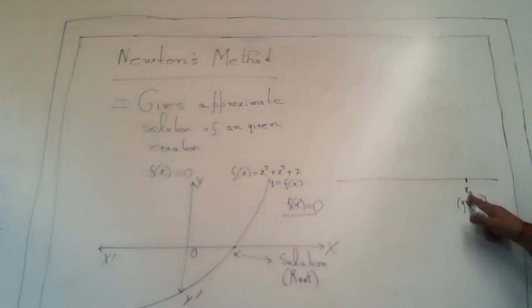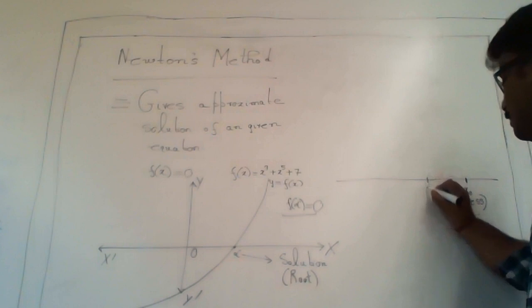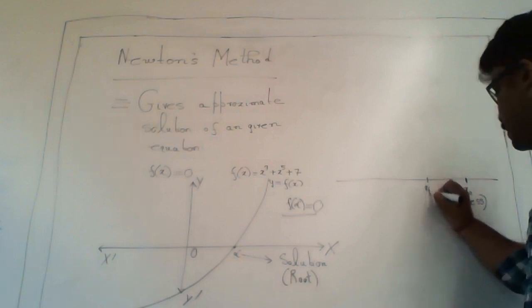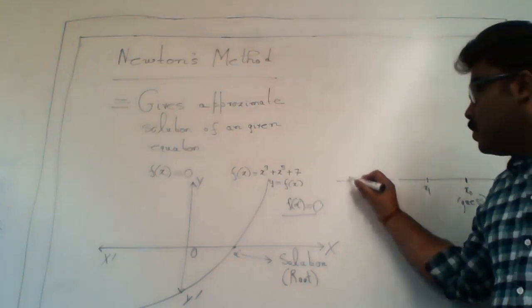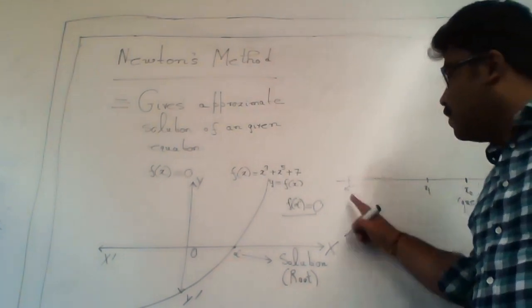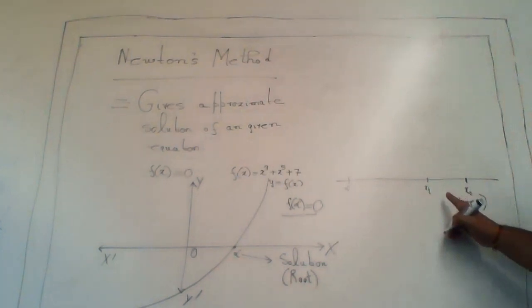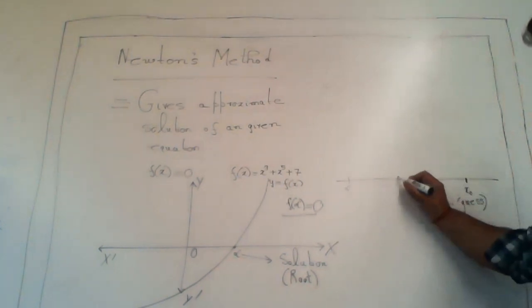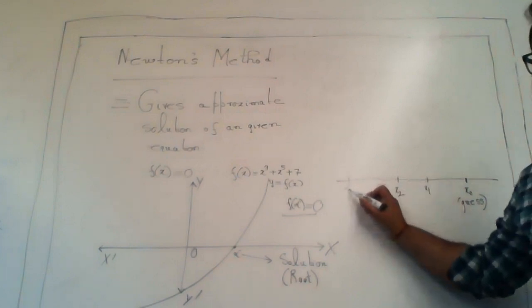Now Newton's method will take your guess, and based upon that guess it will provide you another number x1. This number will be closer to the actual root or the actual solution than your guess. Then again it will provide you another number which will be even closer to the actual root alpha.